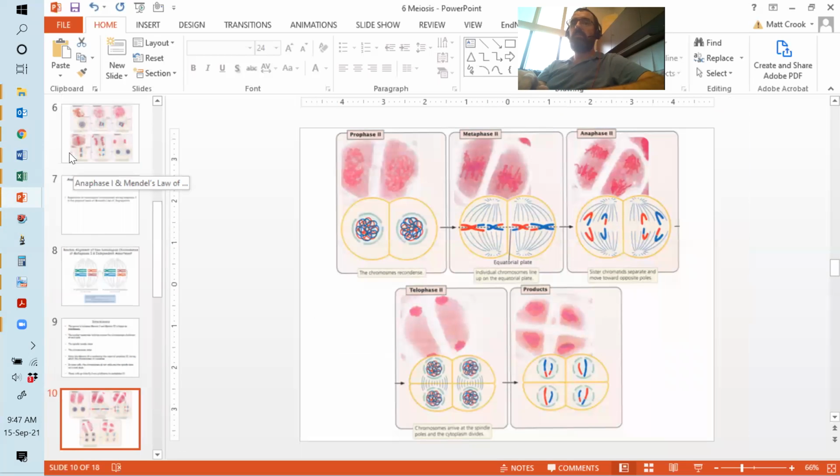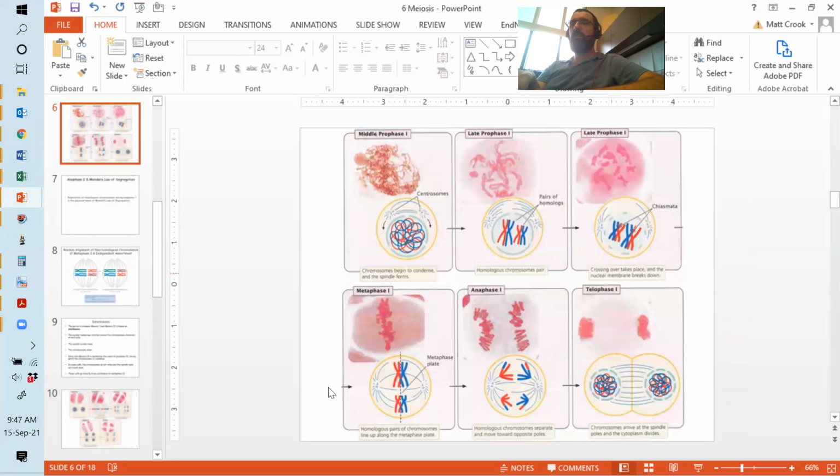And it's really obvious when you're in meiosis 1 because you have chromosomes paired up next to each other. That can only ever be meiosis 1.